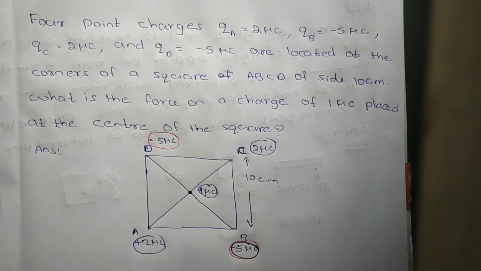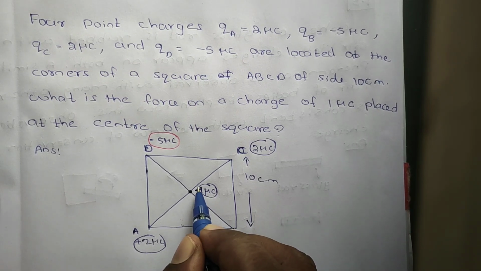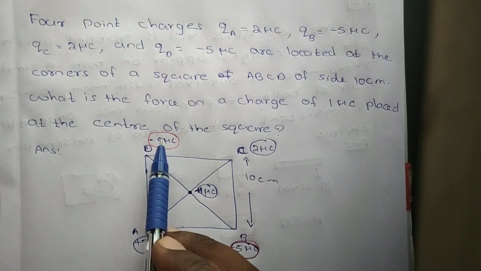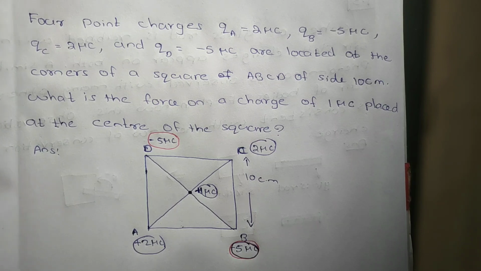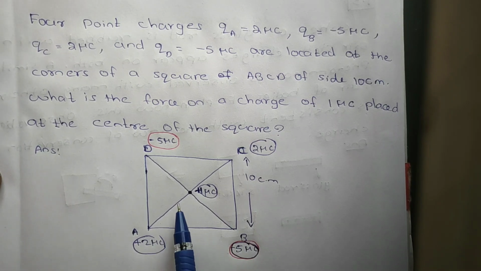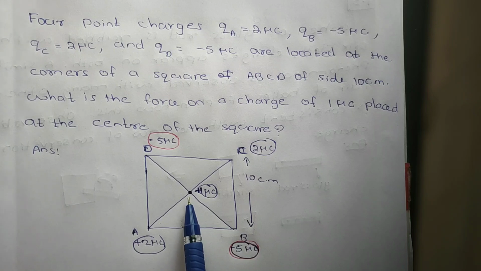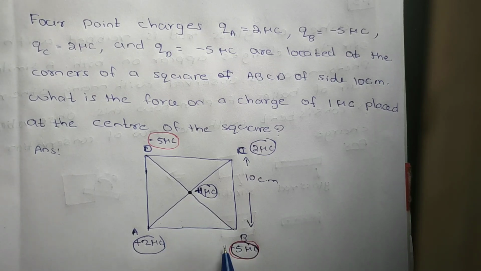Here this plus 1 microcoulomb is surrounded by 4 charges. We studied the superposition principle. The net force acting on any charge is the vector sum of the forces due to individual charges.